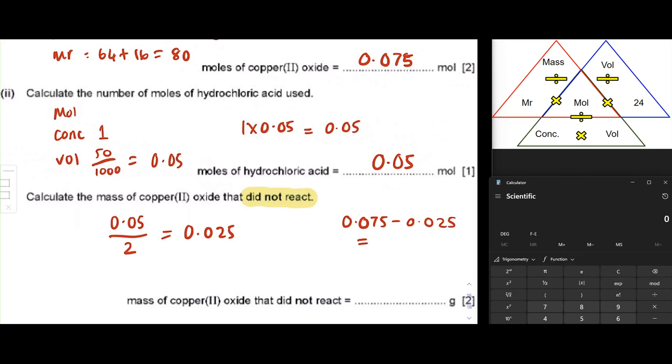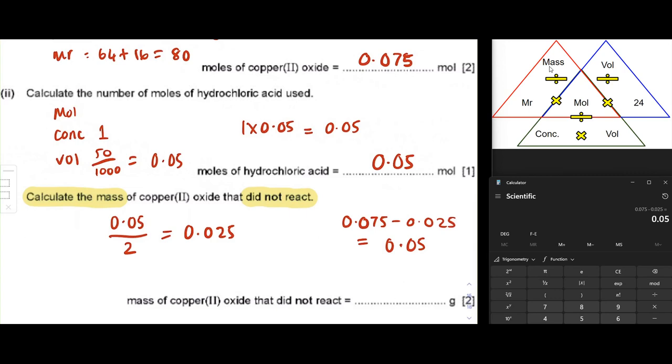Let's do that. 0.075 minus 0.025 gives me the number of moles left: 0.05 moles left. Now, it doesn't ask me for moles, it asked me to calculate the mass. So now I'm back up in this red triangle. I've got the number of moles that didn't react, and I've got the Mr still, so now I can find the mass.